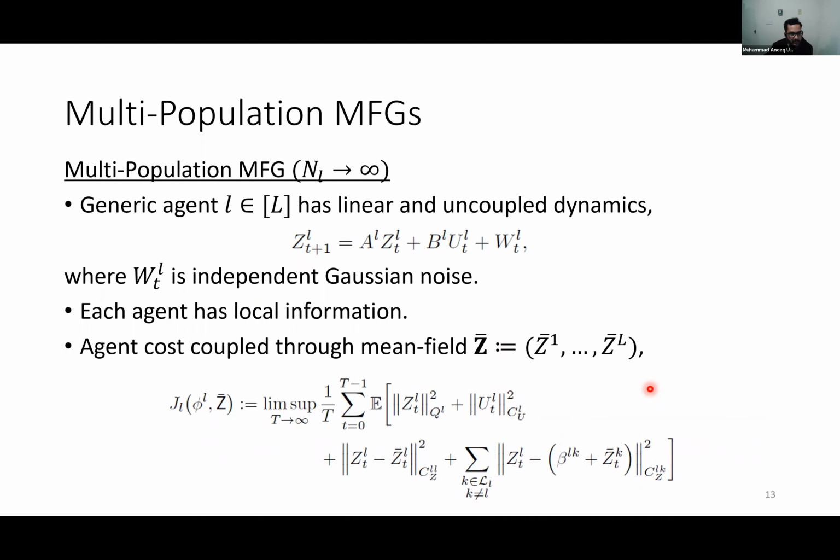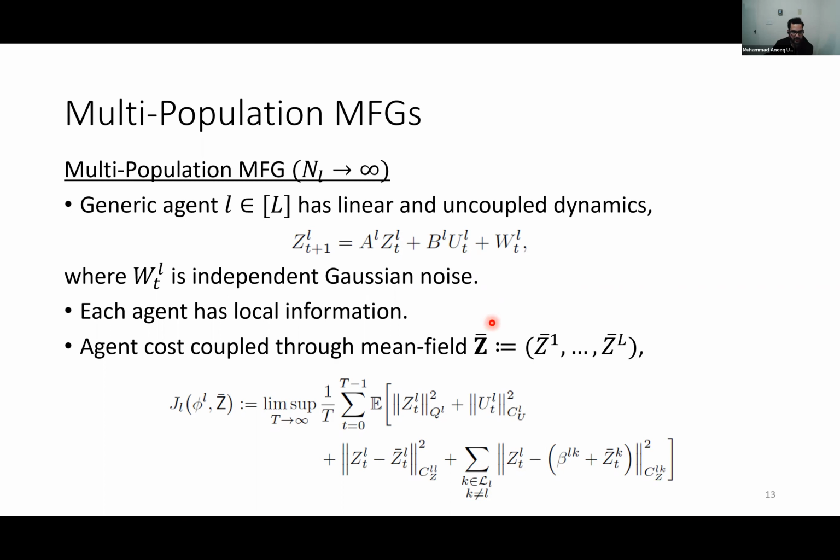Now we can go to the mean field limit, where we take n sub L, the number of agents in each population, to infinity, but the number of populations stays constant and is still connected via a graph. The generic agent in population L has linear uncoupled dynamics and independent zero mean Gaussian noise.